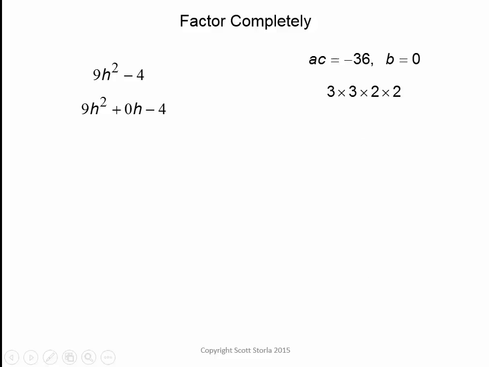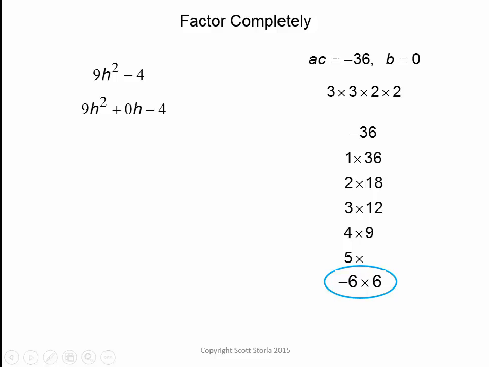Using my prime factorization, I find my factor pairs. The pair that could add up to 0 would be 6 times 6, but only if one of them was negative. Negative 6 times 6 does give me negative 36. Negative 6 plus 6 does give me 0.